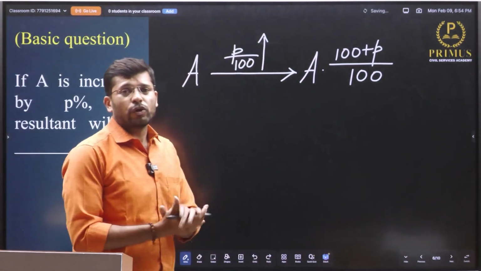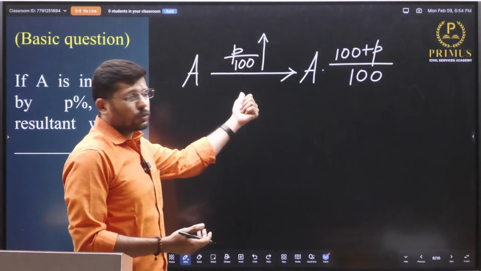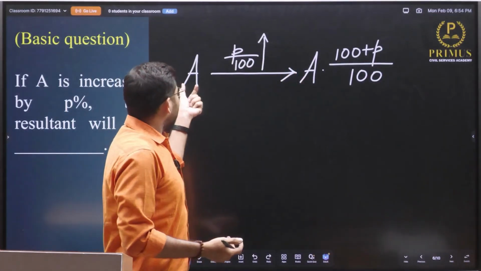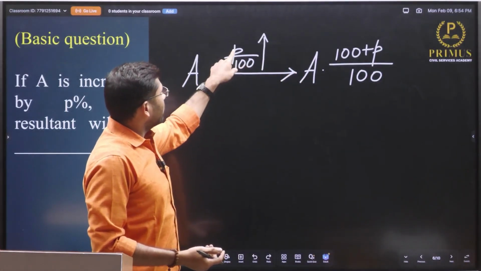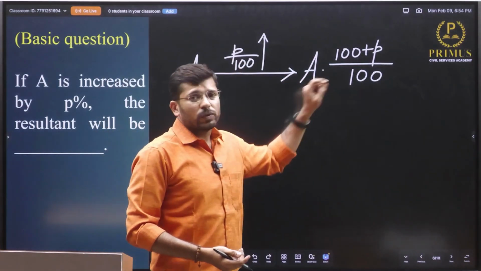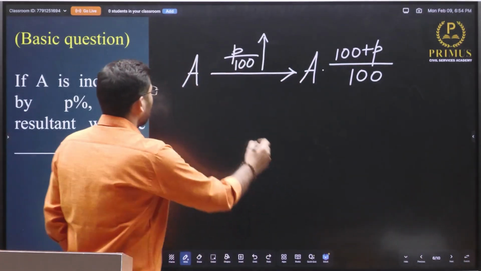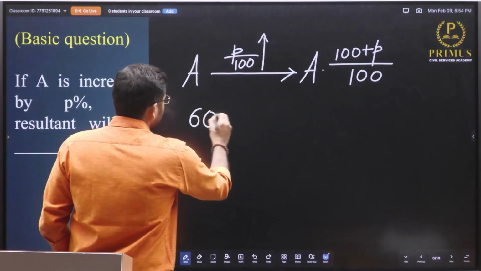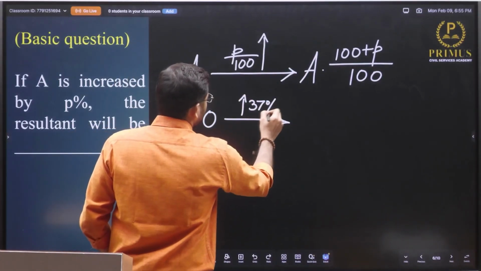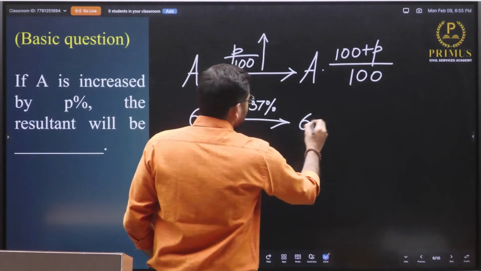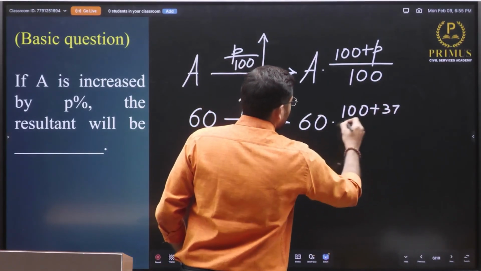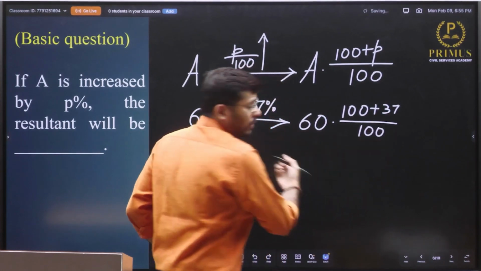This is a basic property of percentage and you need to know this. If you increase any number by some percentage, the resultant will be this number multiplied with 100 plus this number, and the denominator will always be 100. For example, if you increase 60 by 37%, this will be 60 into (100 plus 37) divided by 100.